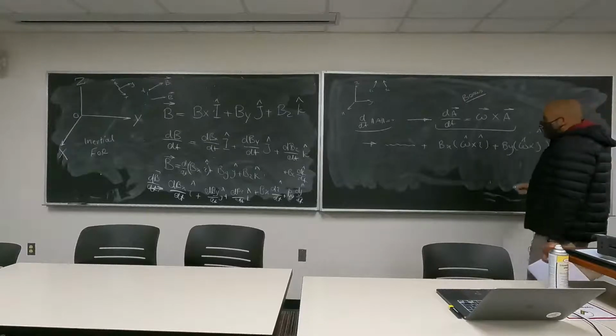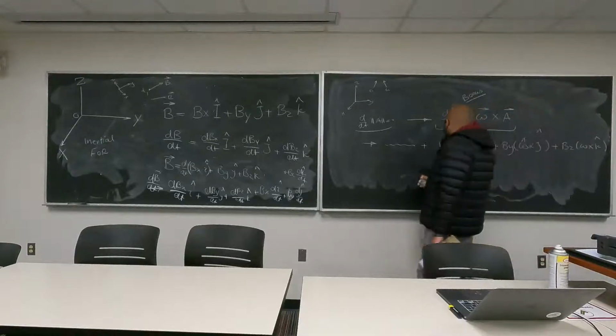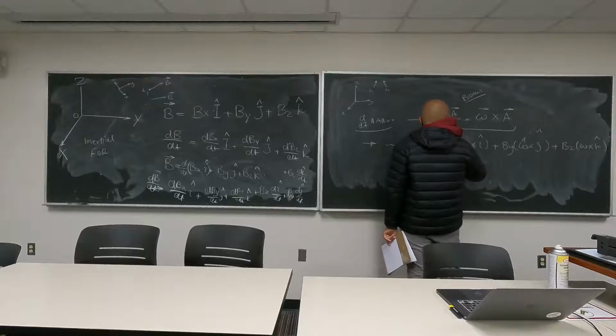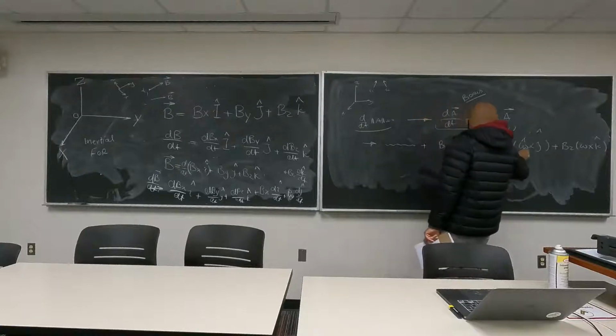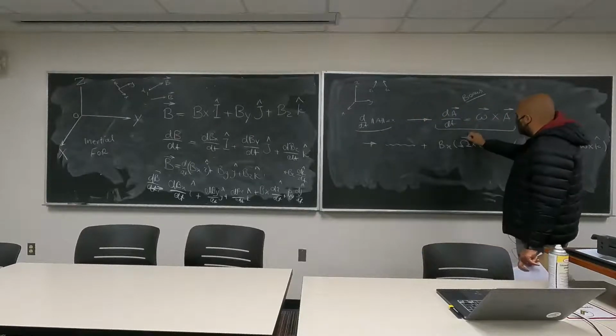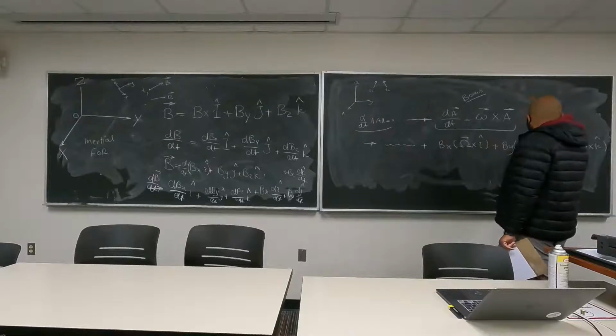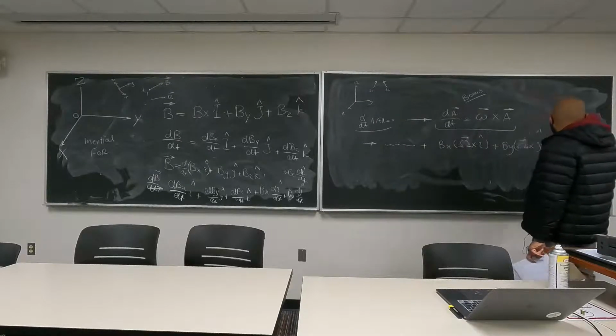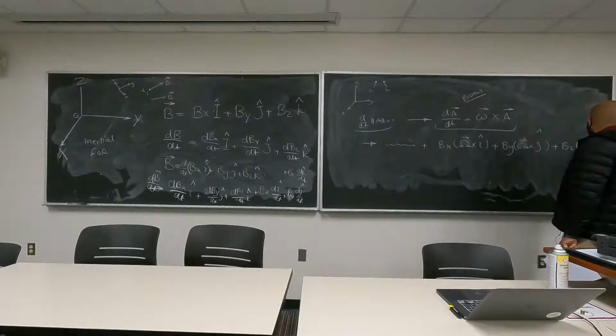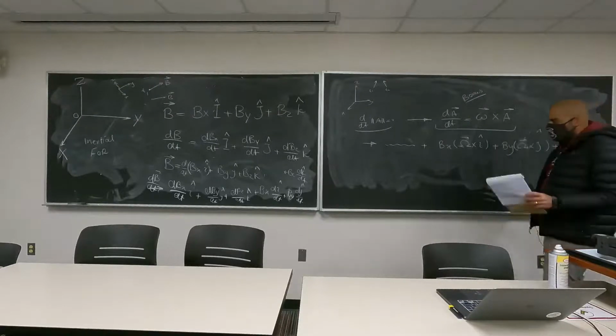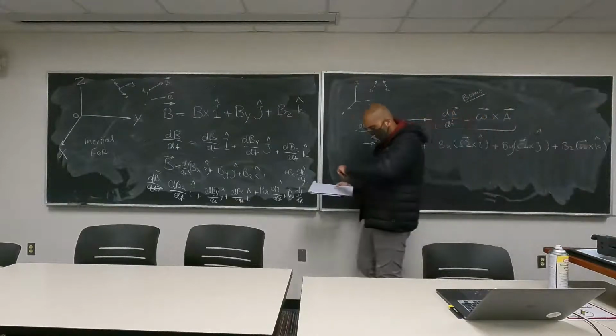And omega here, since we are dealing with a frame of reference for the angular velocity, we are going to use capital omega. And it's a vector. So that's the angular velocity of a frame of reference. Okay.